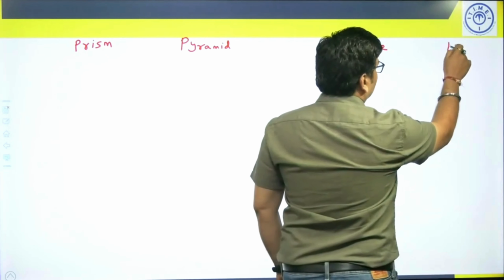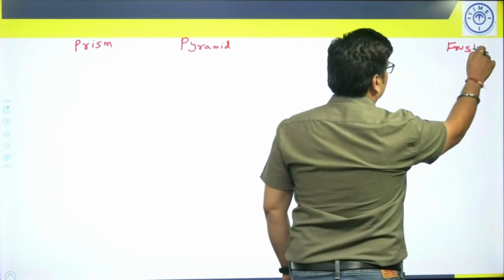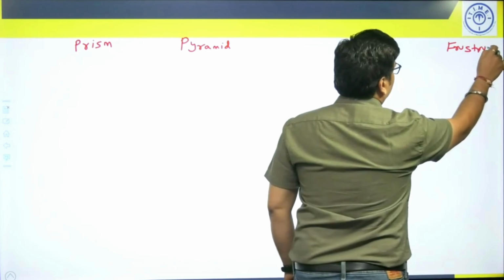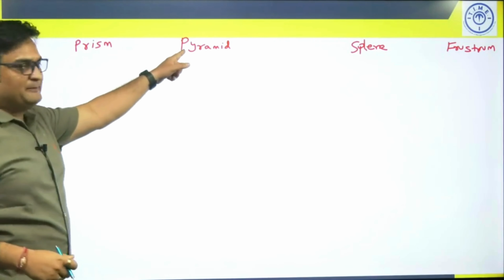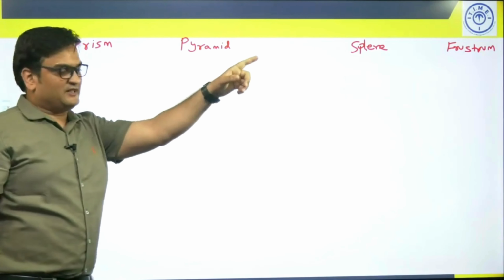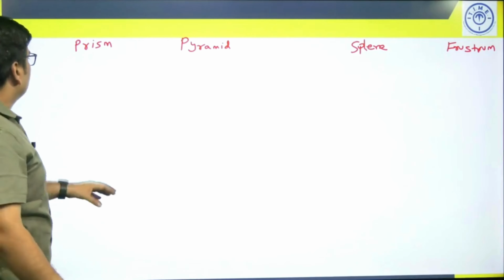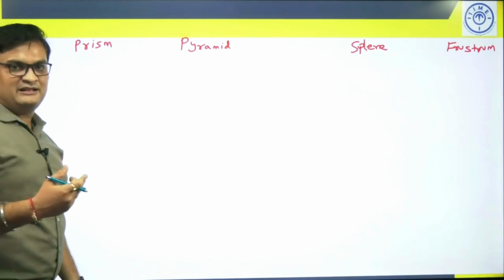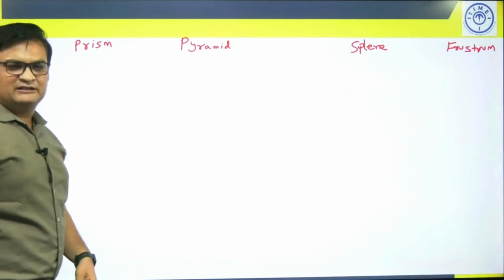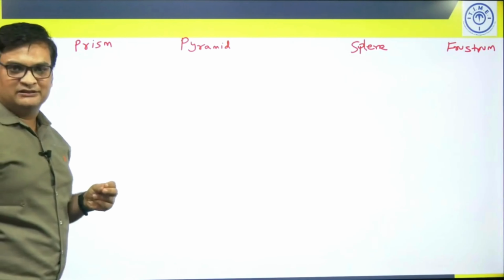And the fourth, the final one, is a special type of solid called the frustum. A frustum is basically a pyramid that is cut open; that is a separate category. Let us try to understand each of the words first, and then we will go for the formulae and the various things that we need to remember.